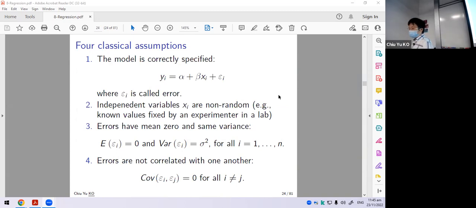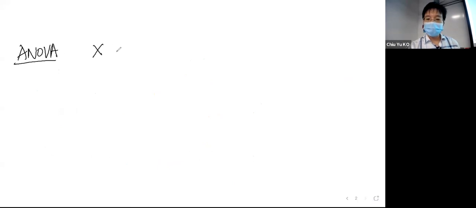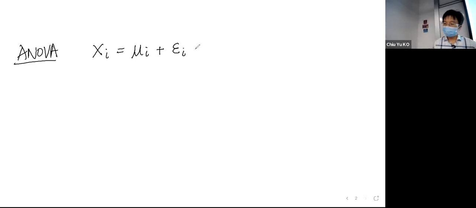So here we have a probability model, trying to tell you what it is. I guess it would be good to look at the model compared to ANOVA. So ANOVA, what we learned, the model is like the following, right? Each observation from group I is coming from the mean of group I, plus some error term there, right?